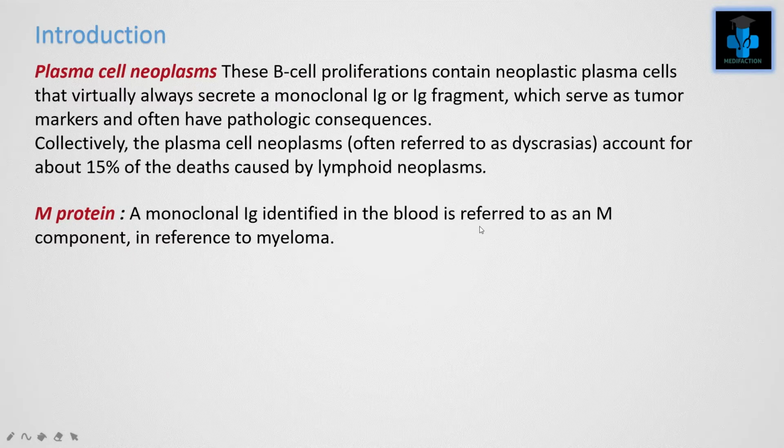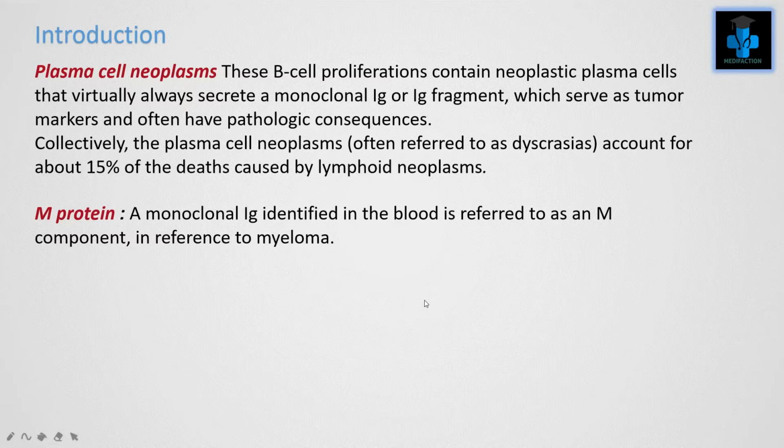First of all, plasma cell neoplasms. These B cell proliferations contain neoplastic plasma cells that virtually always secrete a monoclonal immunoglobulin or immunoglobulin fragment, which serve as tumor markers and often have pathologic consequences.